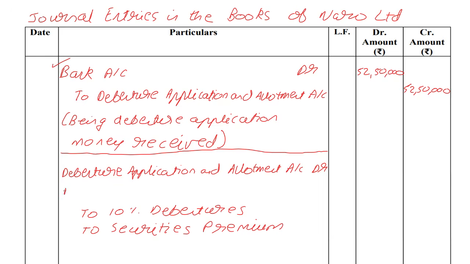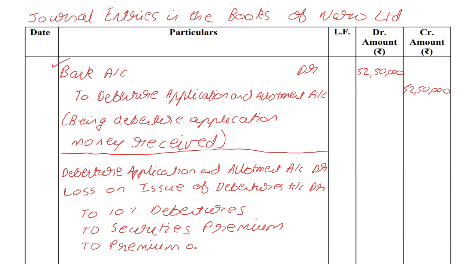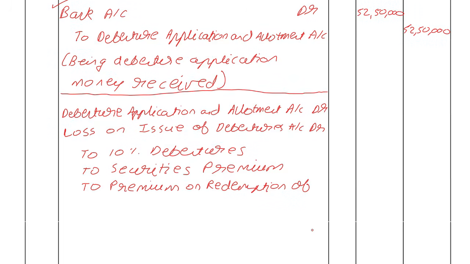We are writing loss on issue of debentures account debit, and at the same time crediting a liability account, premium to premium on redemption of debentures account.